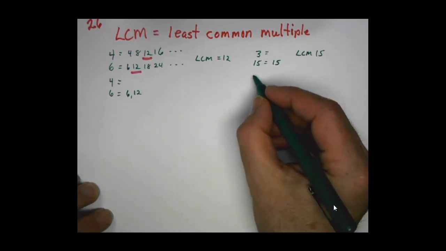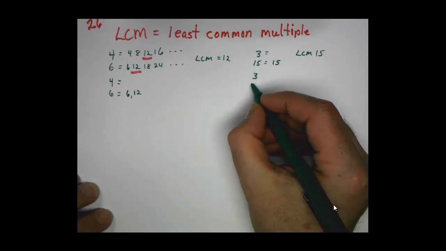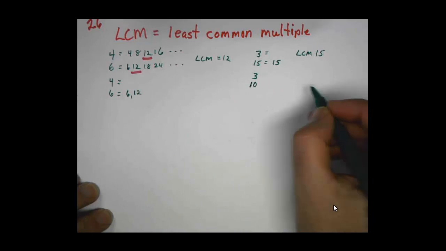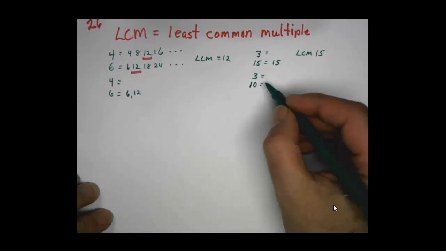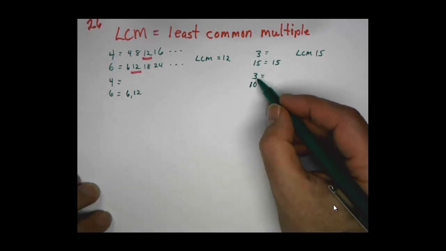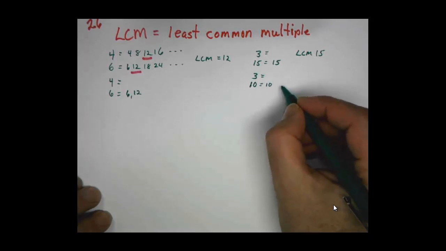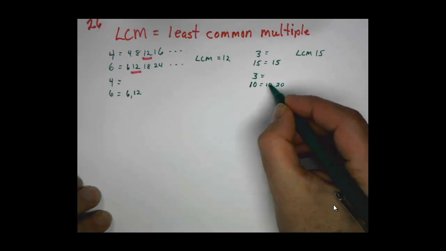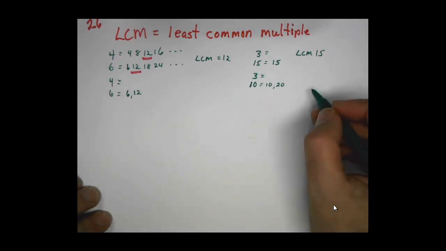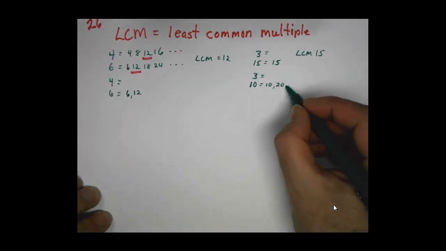So let's say that we had 3 and, let's see, how about 10? So we're counting by 3s, we're counting by 10s. So does 3 go into 10? No. So what's the next multiple of 10? 20. Does 3 go into 20? No. What's our next multiple? 30.